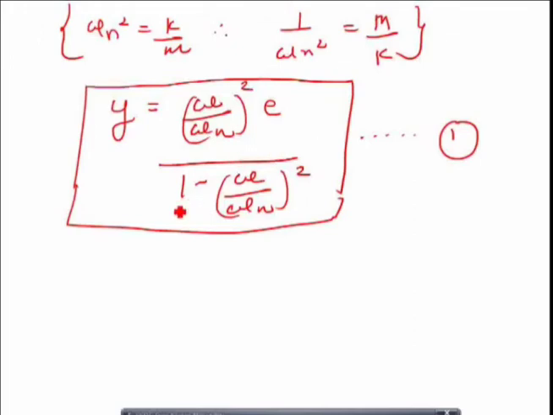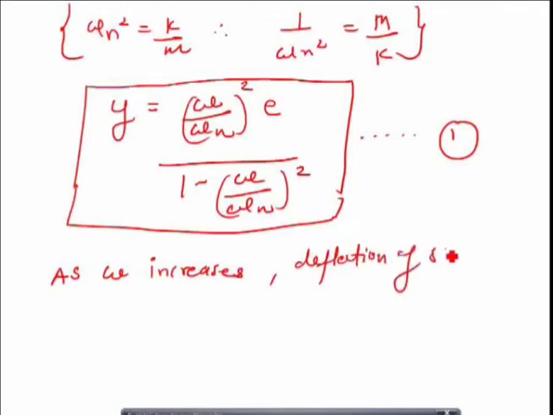It is clear that as the angular speed of the shaft omega increases, the deflection of the shaft y also increases, because omega is in the numerator, and omega n is the designed natural frequency, let us say we have already designed, so it will not change. Let us say it is the same. So as omega goes on increasing, y will go on increasing.